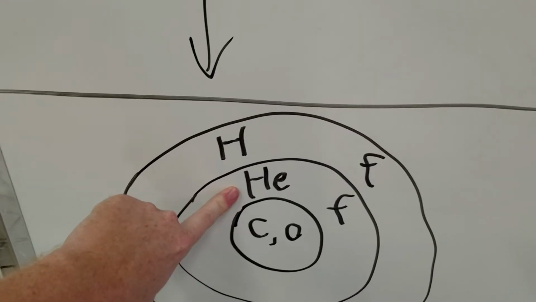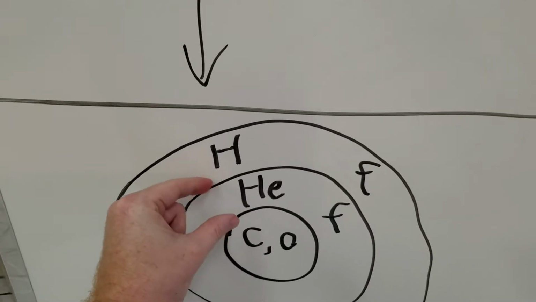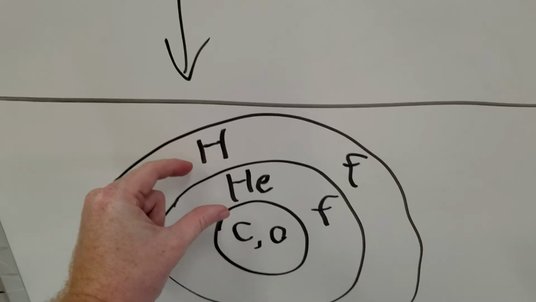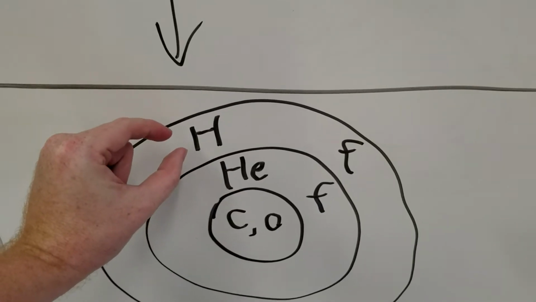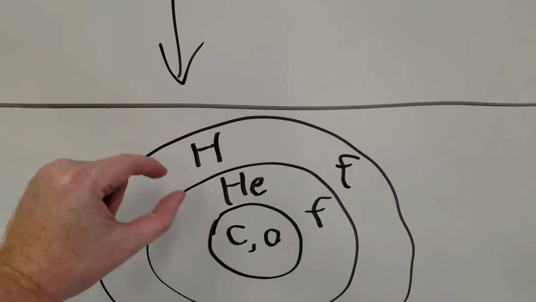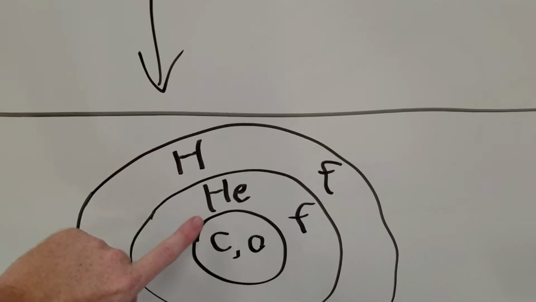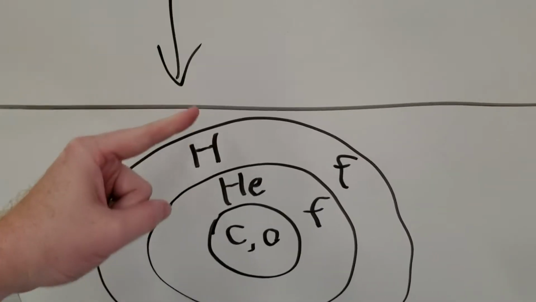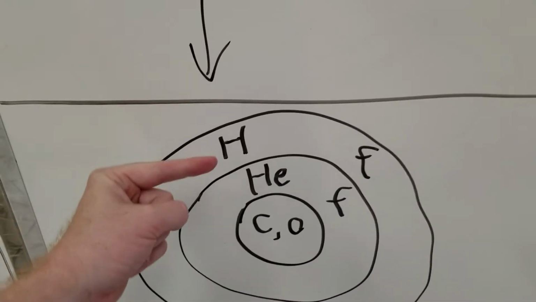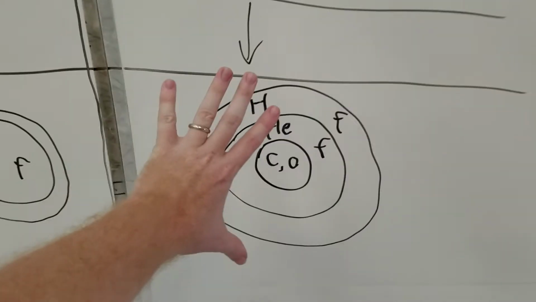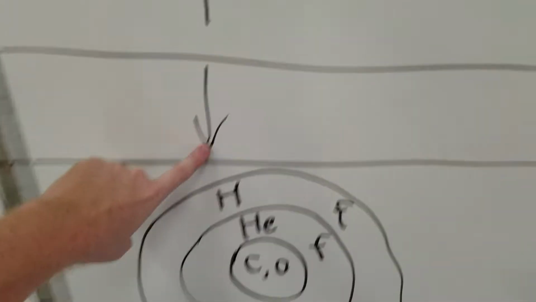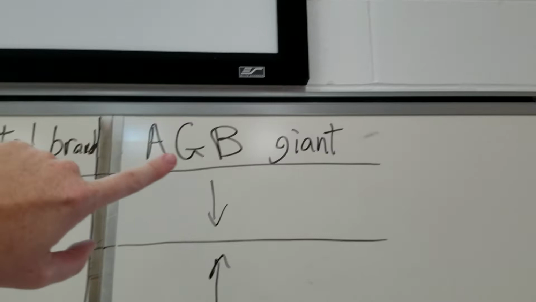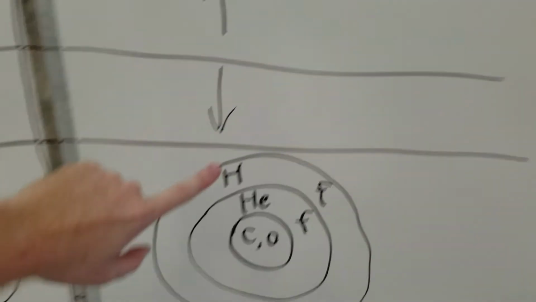When it turns back on, it spreads back out and cools things down because it's spreading out, and that makes it so the hydrogen shell can't make as much helium. Then the helium shell will keep going until it runs out again, and this whole process repeats over and over and over.